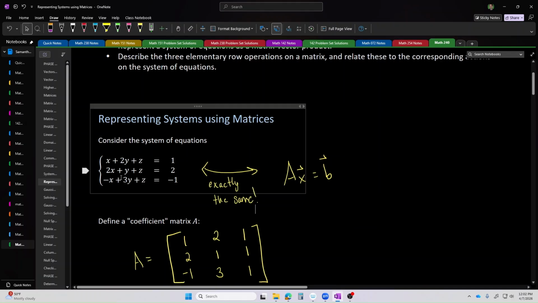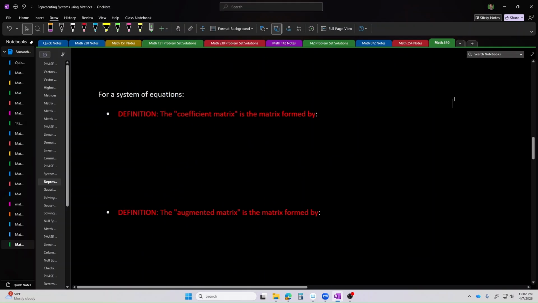So any system of equations can be represented as an equation in terms of these matrices and these vectors. These are exactly the same. So some important pieces of terminology for us.